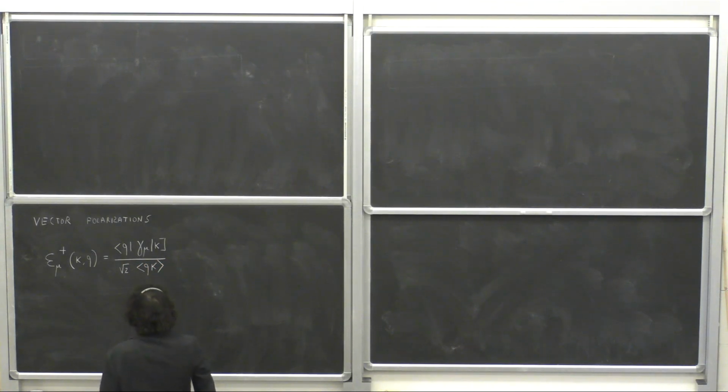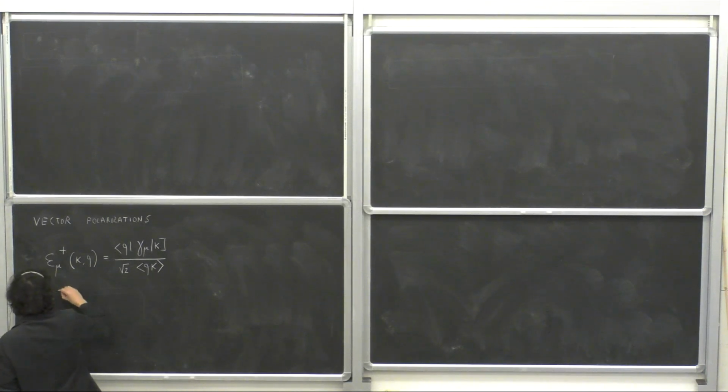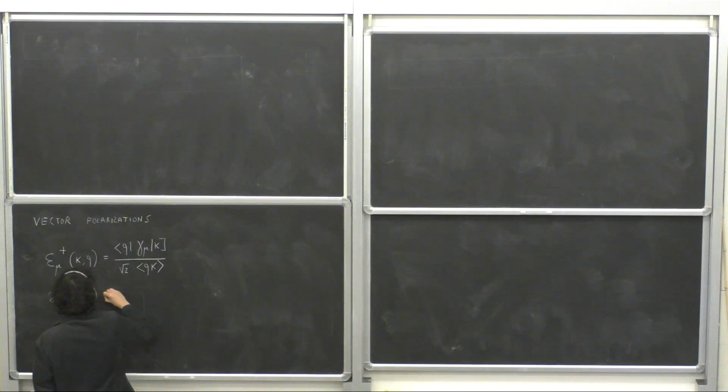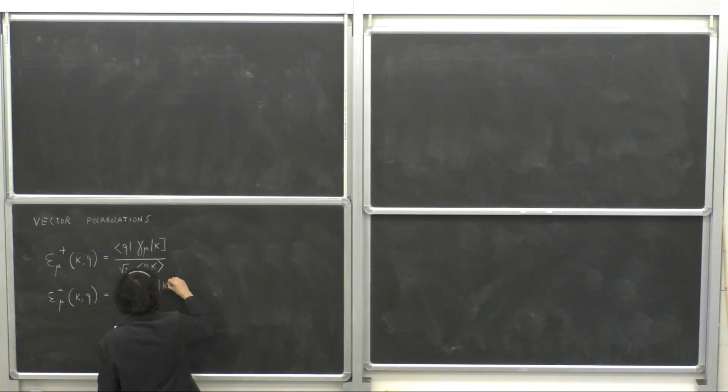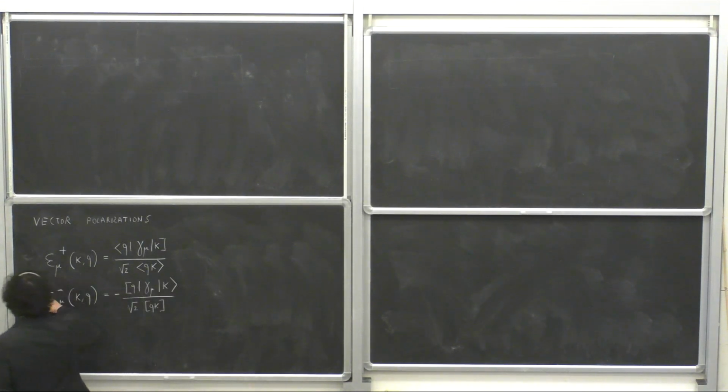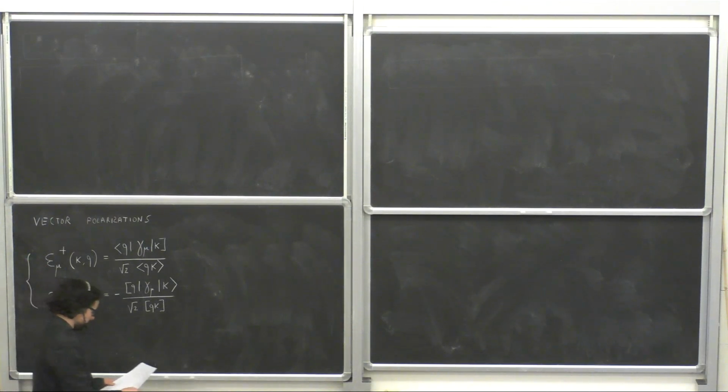There is a similar expression for the negatively polarized, in which we have a minus sign overall, and then an exchange between angle and square spinors here. Okay, so very good. What is this teaching us, in a sense?